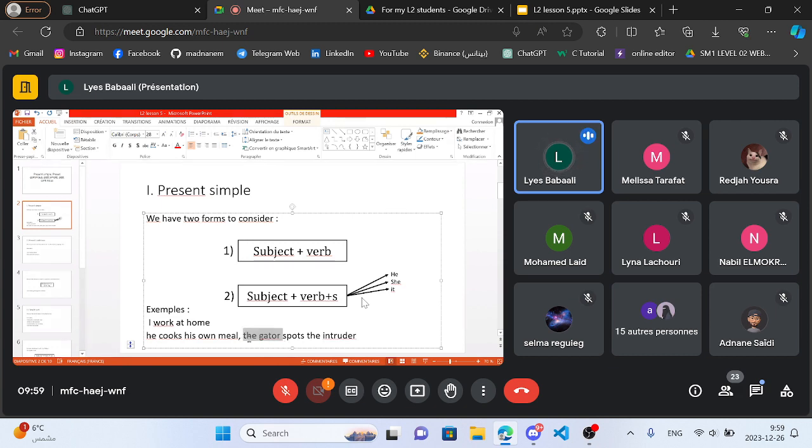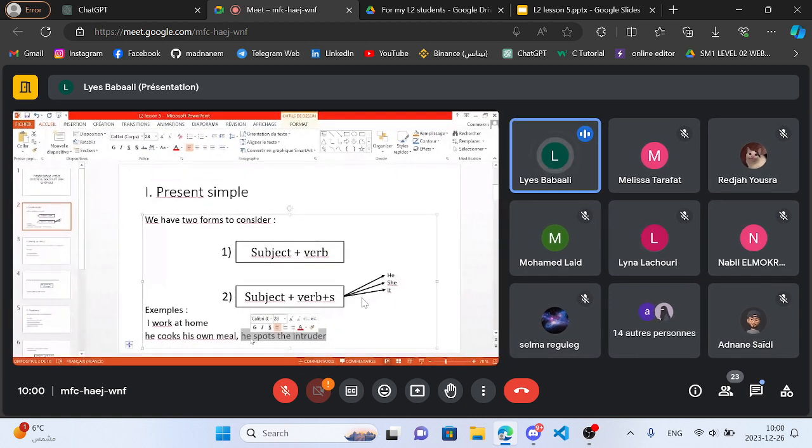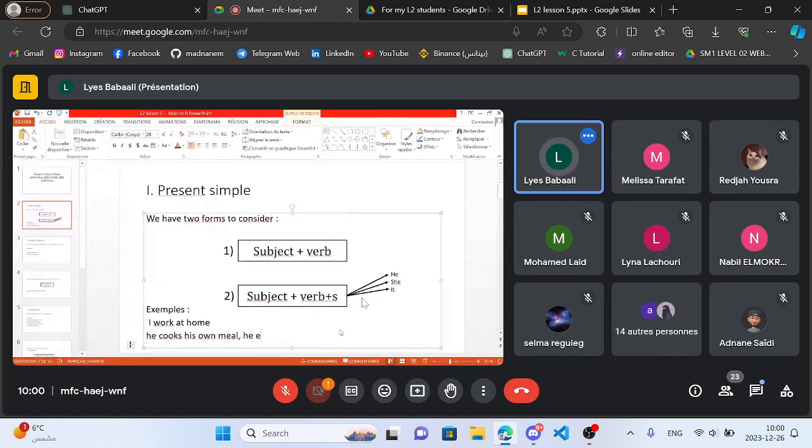So we have to put s. He spots the intruder. Also, if there are some verbs that are hard to pronounce, we can add es. Like for example, he encompasses. So here we didn't add s. It will be three s. It will be ugly. We added es in the end of the verb. So this is a verb in present simple.